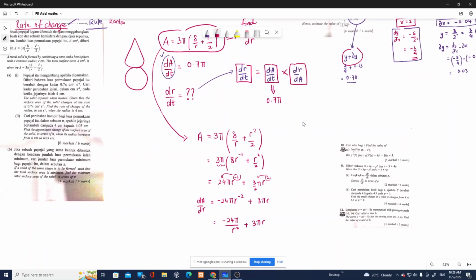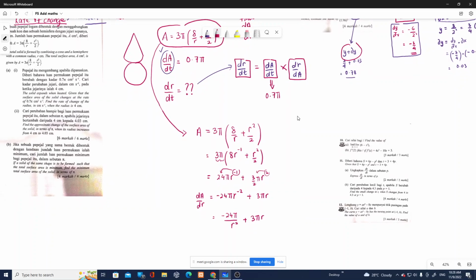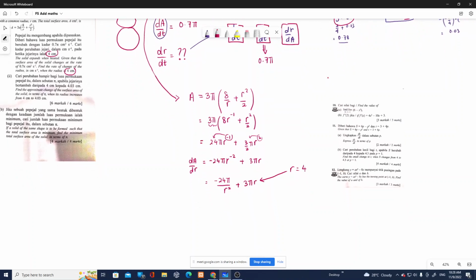Ada soalan? Dan soalan dia cari kadar perubahan jejari pada ketika jejari ialah 4. Do you see that? When the radius is 4, that means you need to substitute the r here dengan 4.